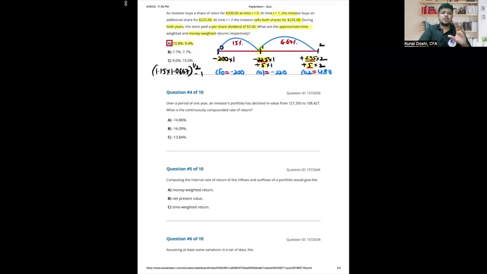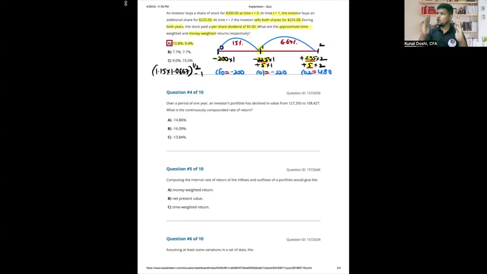Again, I'll repeat, when you're calculating time weighted rate of return, do not look at the sign. The signs were done for money weighted rate of return. If you look at the sign, you'll get confused. When you are looking at time weighted rate of return, ignore the signs, ignore the number of shares. What do you require in HPR?